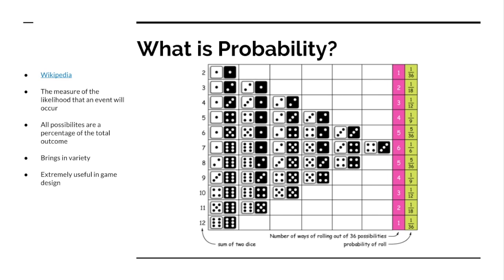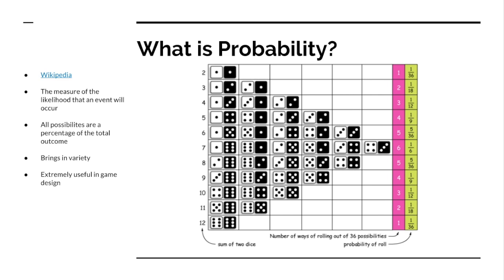If it's a 6 or 7 or 8 that you're looking for, right, then you can kind of have those events happen more often than not. Whereas you might want good things to happen more often, might want bad things to happen more often. You might want certain types of interaction between players in the game to happen more often. And that's kind of where knowing the probability of your game mechanics comes in handy.